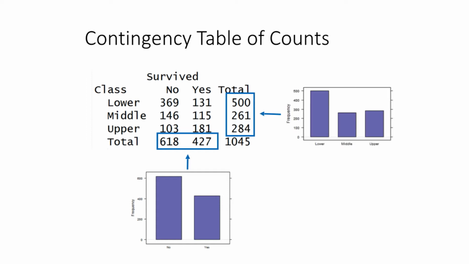And then we also have the unconditional distribution for class, whether you're lower, middle, or upper. So overall, 500 people are in the lower class, 261 are in the middle class, and 284 are in the upper class. And that's shown by this bar graph. So we can create bar graphs of frequencies or counts for the unconditional distributions.